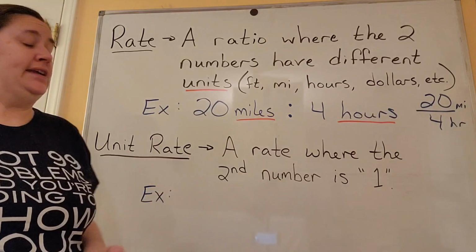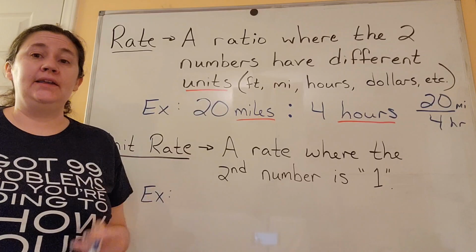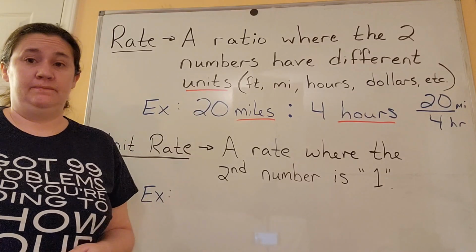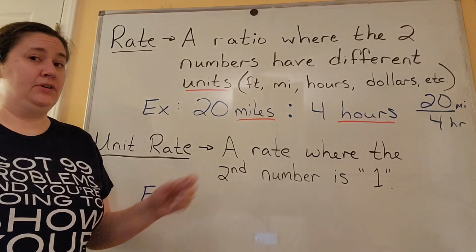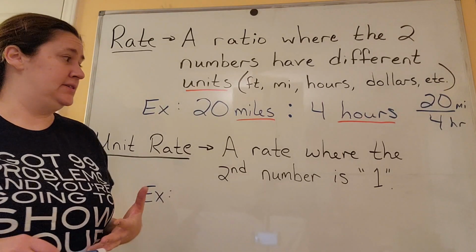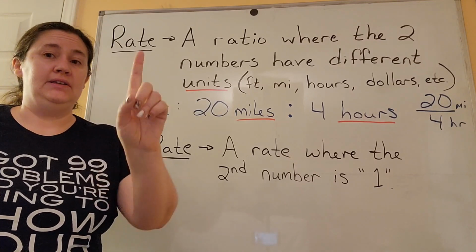A unit rate is a special kind of rate where the second number is a 1. Write that down if you haven't already. A unit rate is a rate where the second number is a 1.